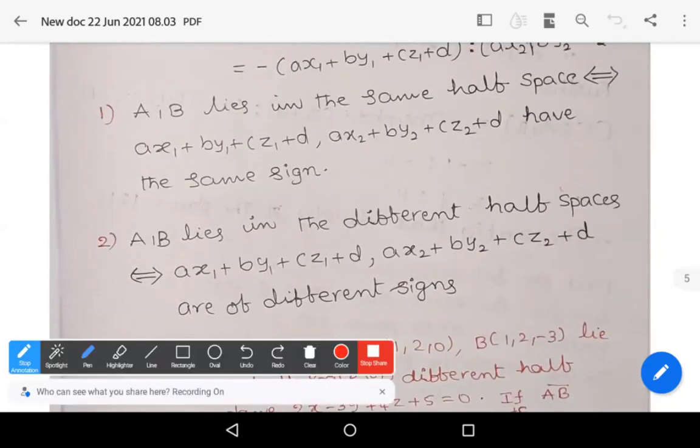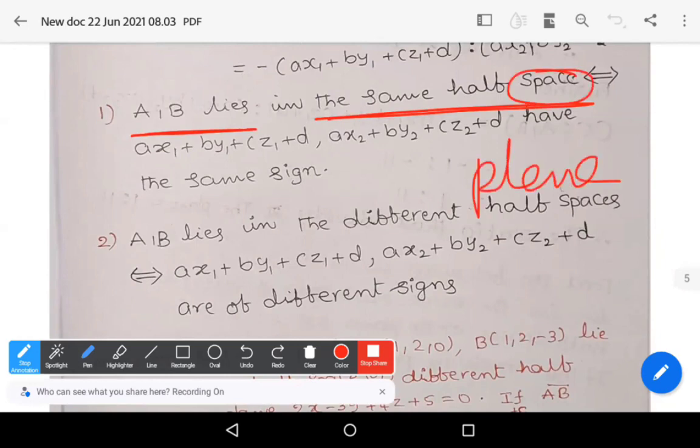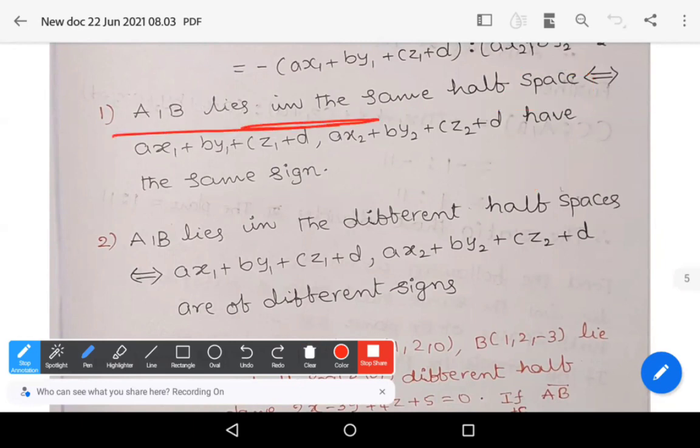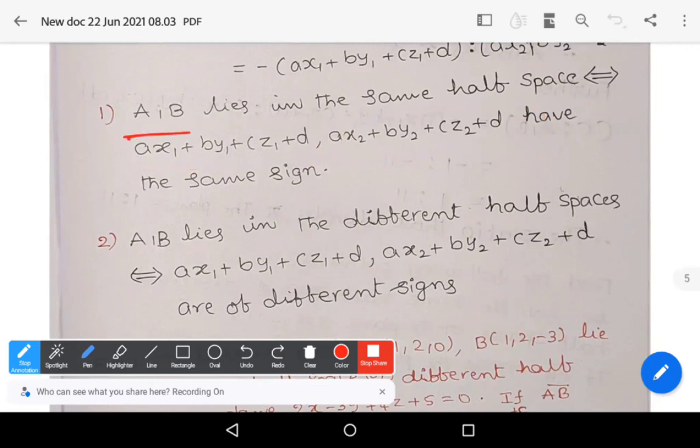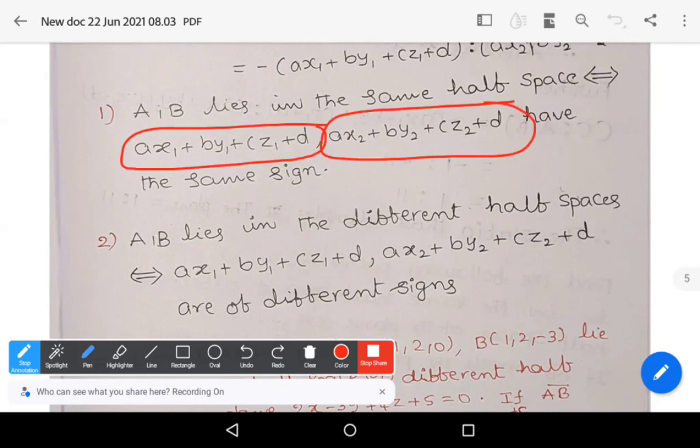The first point: A, B lie in the same half space. Someone can write it as plane also. So A, B lie in the same half space if and only if ax1 plus by1 plus cz1 plus d and ax2 plus by2 plus cz2 plus d have the same sign.